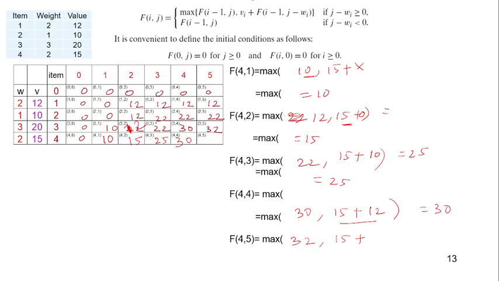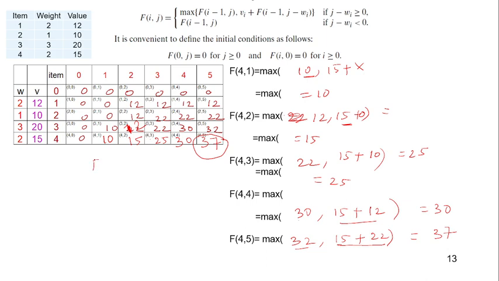So third column, previous row, 22. So write 22 here. So 15 plus 22 is 37. So the answer is 37. So this is our final answer.